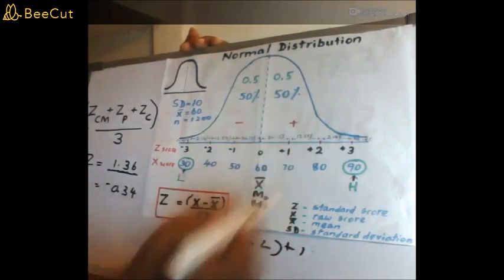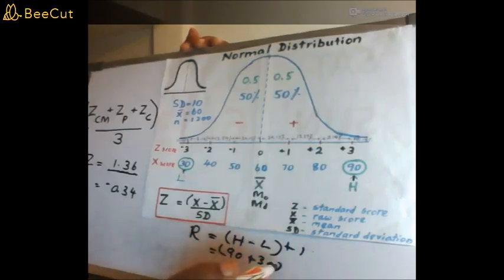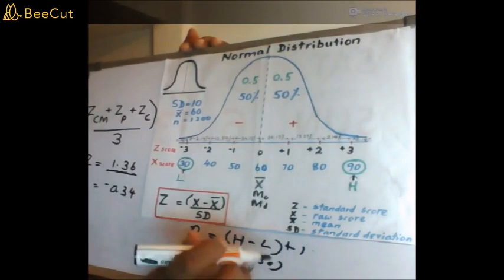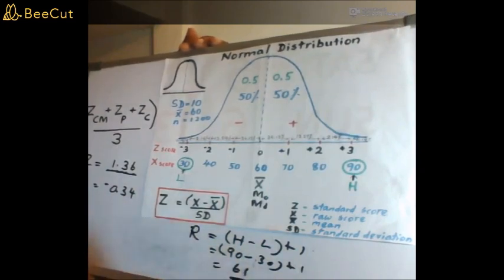So what's the highest value here? 90 minus lowest 30, then plus 1. So it is 61. The range is 61.